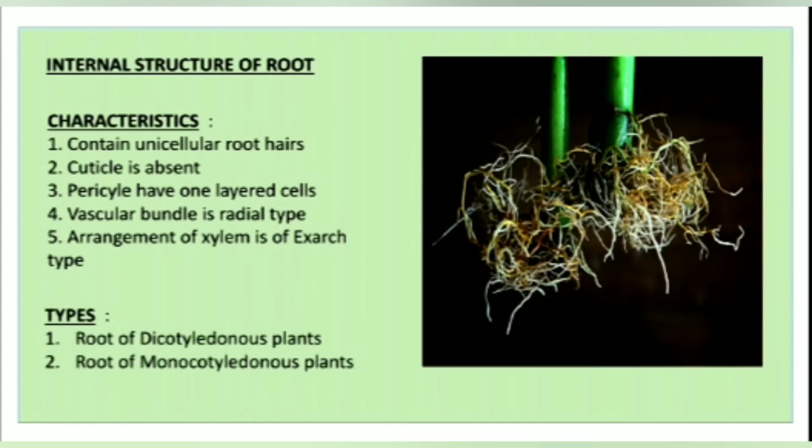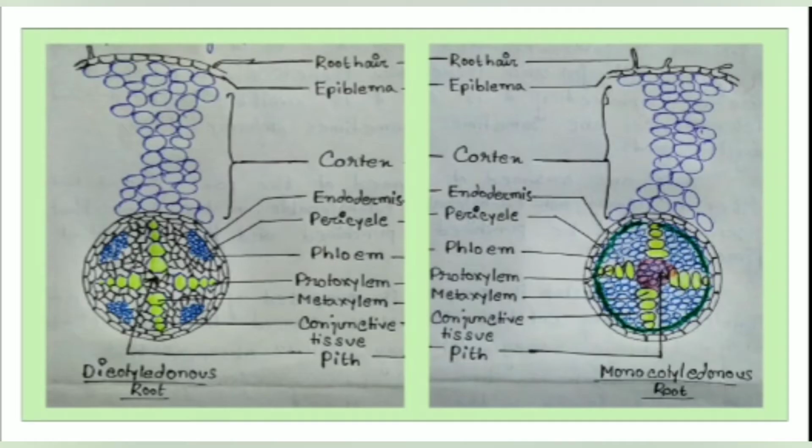We will discuss it in dicotyledons and monocotyledons. This is the diagram of the root for dicotyledons and monocotyledons. We can clearly see here the parts of the root: the root hair, the epiblema, the cortex, the endodermis, pericycle, the phloem and protoxylem, metaxylem, the conjunctive tissue and the pith.